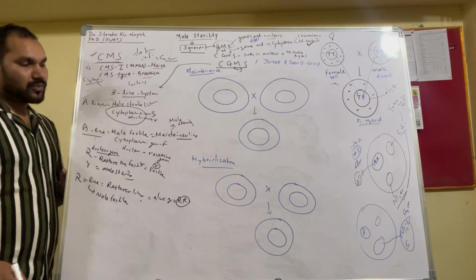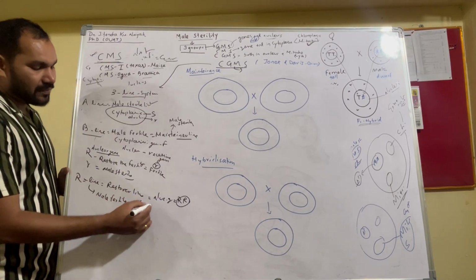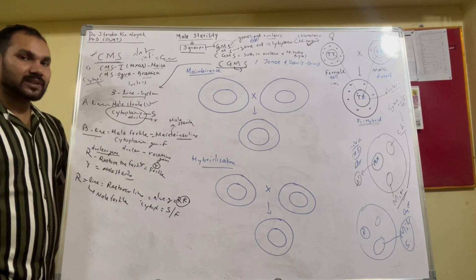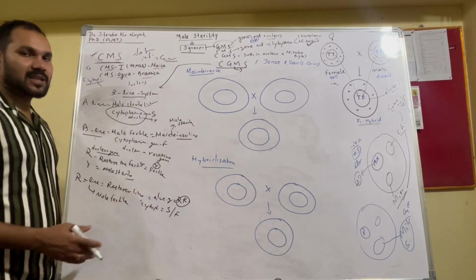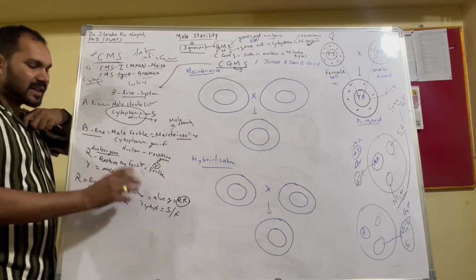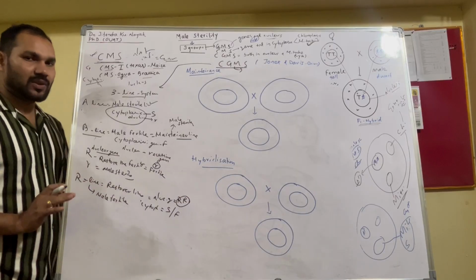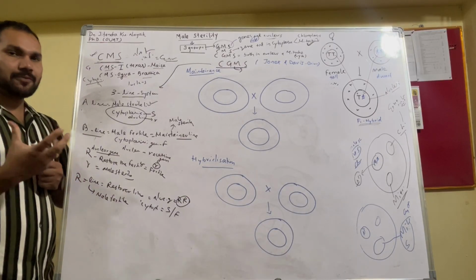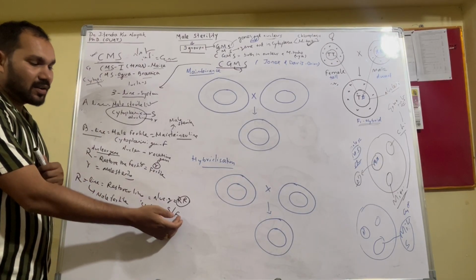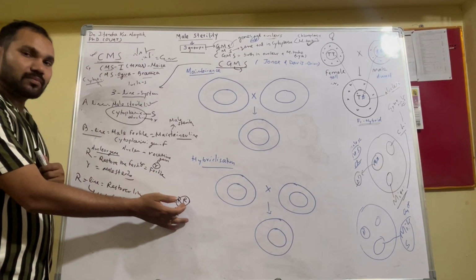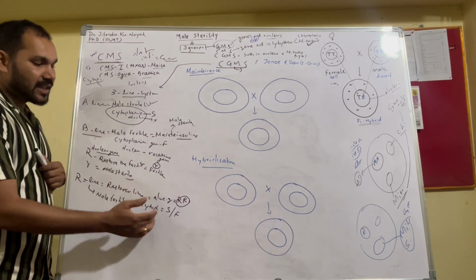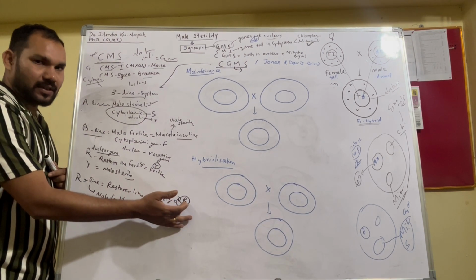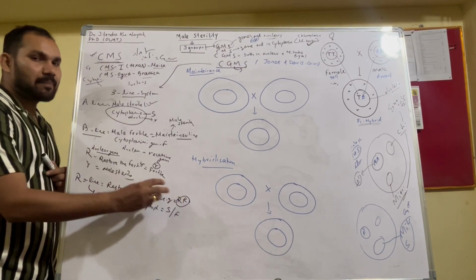Whatever the cytoplasm may contain, sterile gene or fertile gene, the character is expressed by the nuclear gene. If the cytoplasm contains sterile but the nucleus contains the fertile gene, the plant becomes fertile.